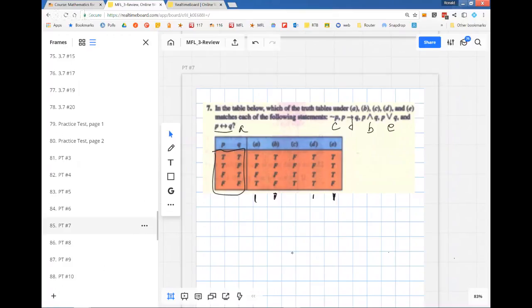D: only false... oh, here's the if-then, because it's only false when the first is true and the second is false. So that's this one right here, the if P then Q one. And then the last one is what? Only false when they're both false.